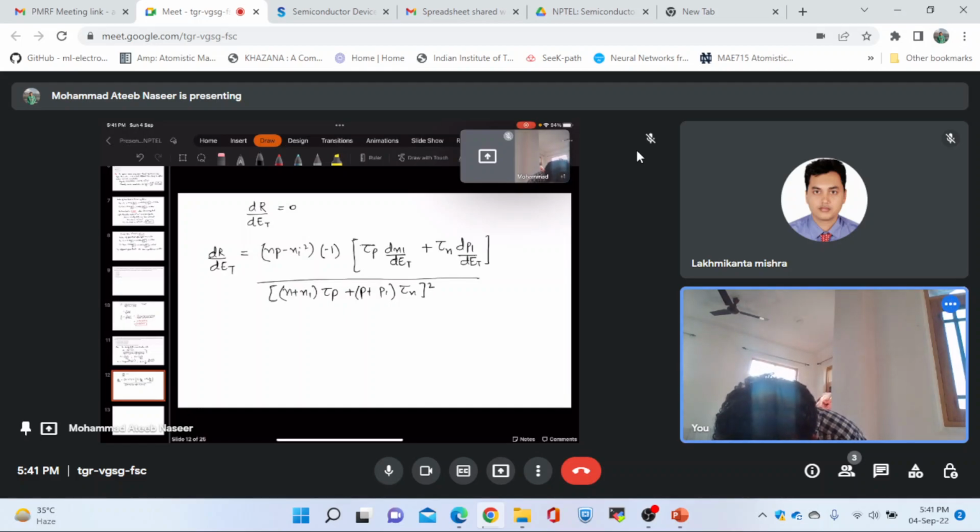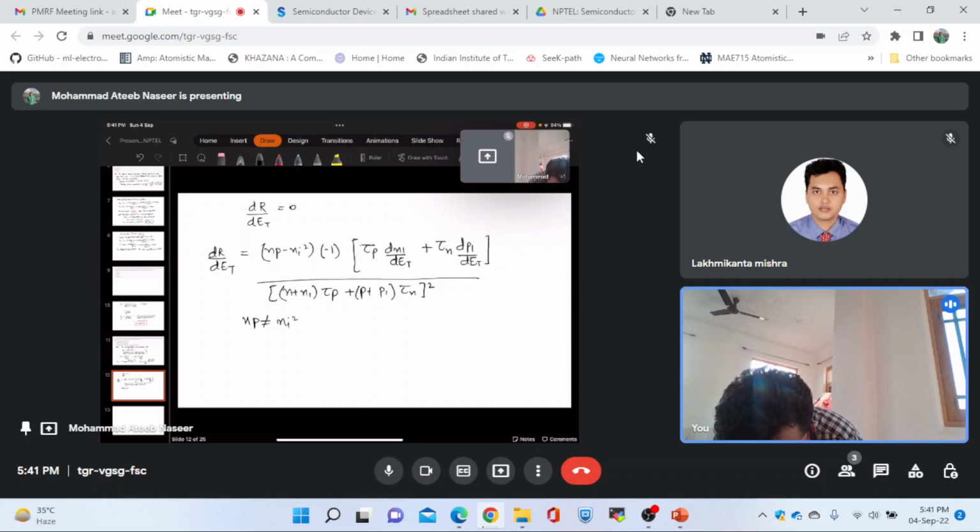Now clearly this np is not equal to ni square because we are considering non-equilibrium conditions. So this cannot be equal to 0.